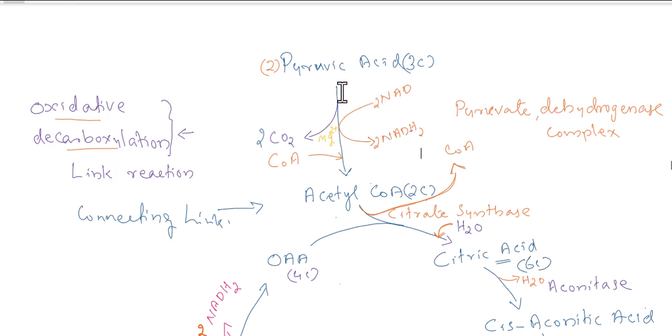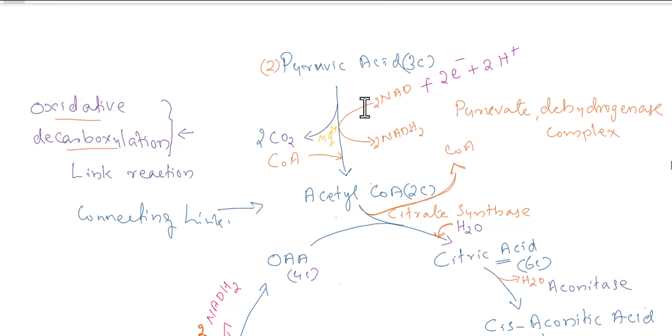That means hydrogen ions and electrons are removed from pyruvic acid, and these hydrogen ions and electrons are taken away by NAD. NAD receives this hydrogen ion and electron, and it becomes NADH2. So the pyruvic acid undergoes oxidation. So there are two processes, oxidation and decarboxylation.